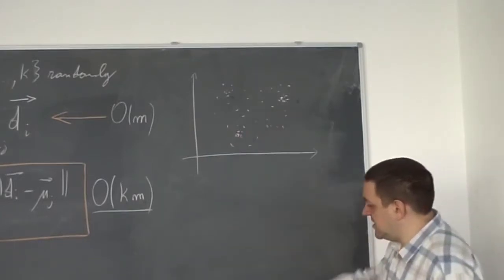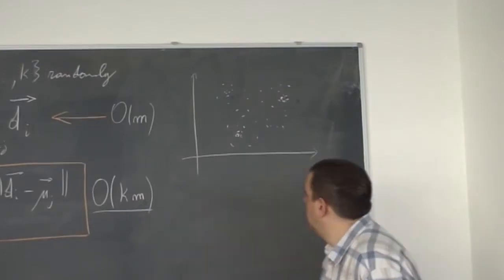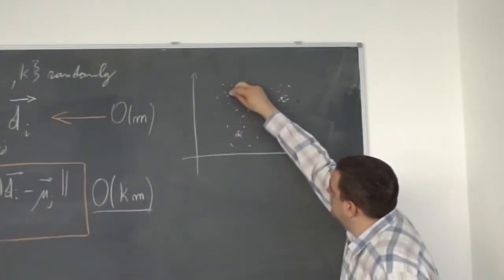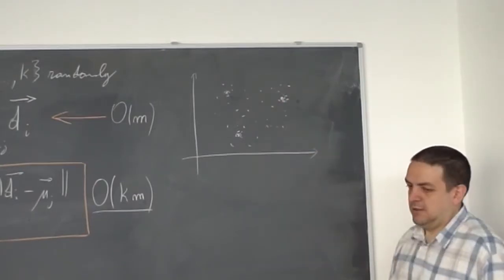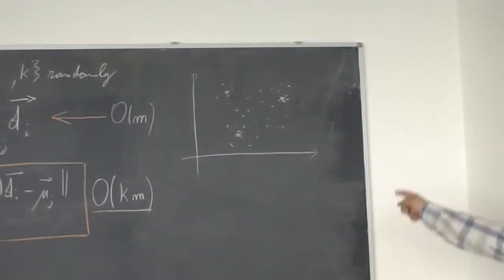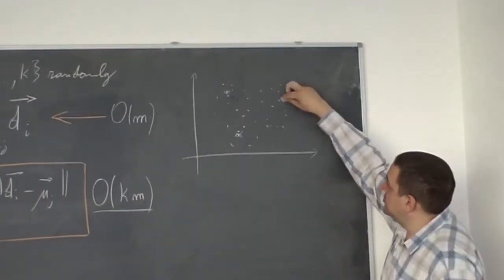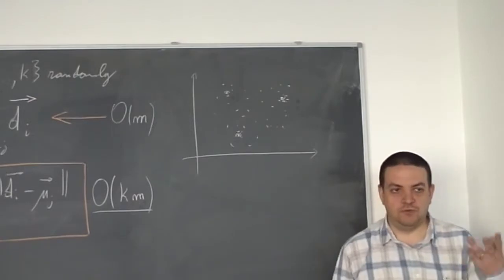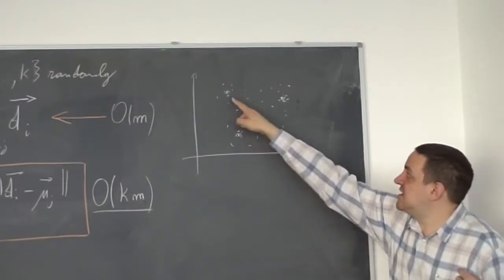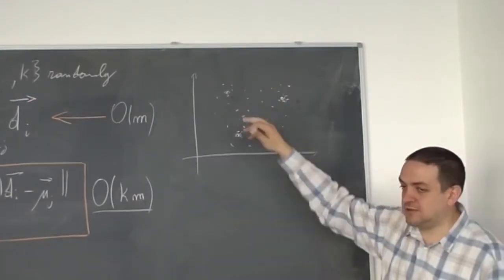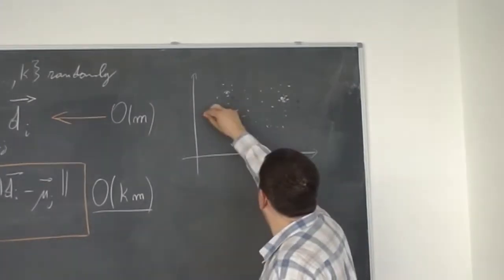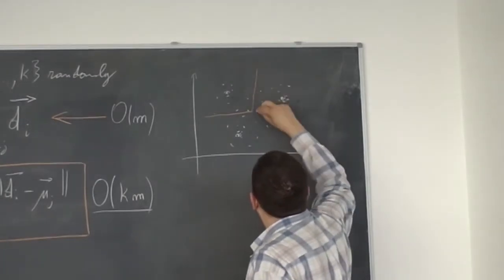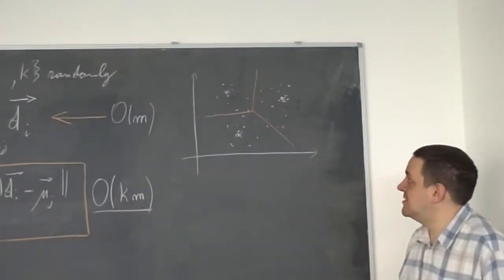In this case, for example, for k equal to 3, the representatives will tend to move to the centers of these density distributions, so that we still have a good separation between three domains.